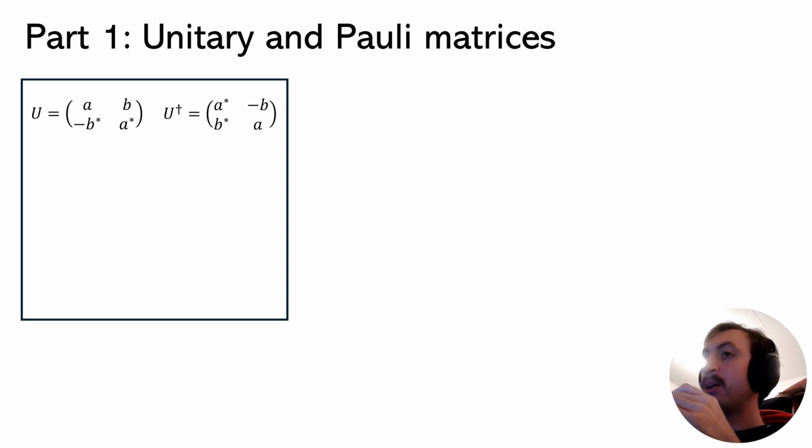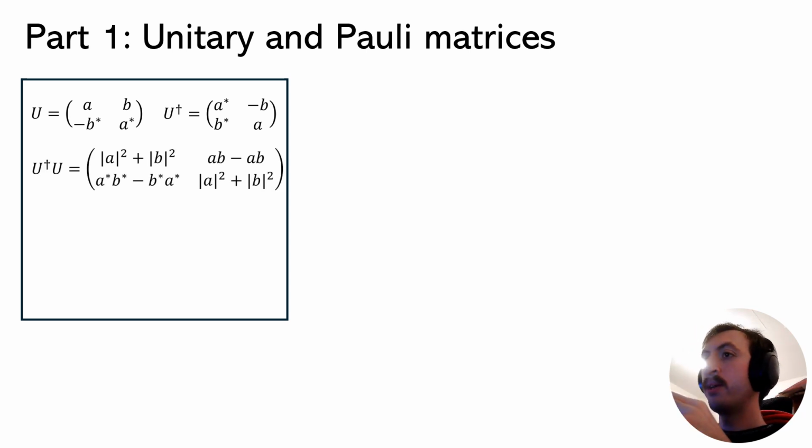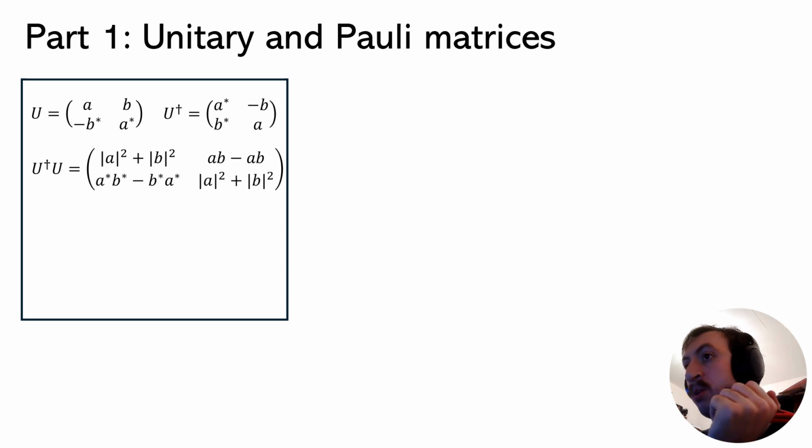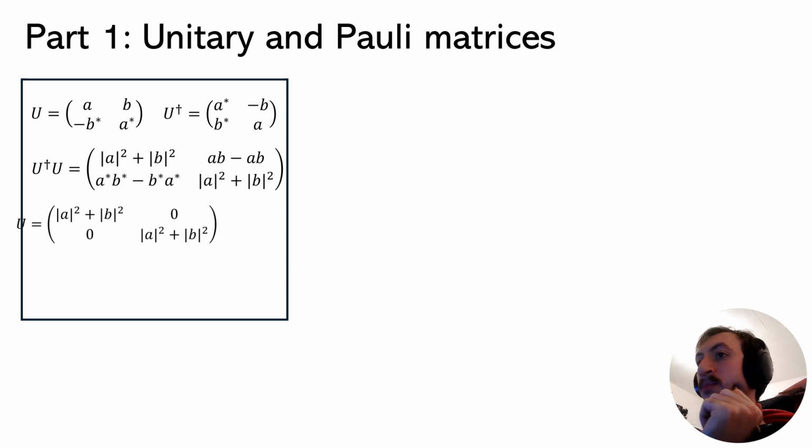I've written both U and its Hermitian conjugate here. Now if we multiply them, we end up with this expression. Clearly, whatever A and B are, the off-diagonal components of U dagger U are going to be 0. And that leaves us with this expression for a unitary matrix.